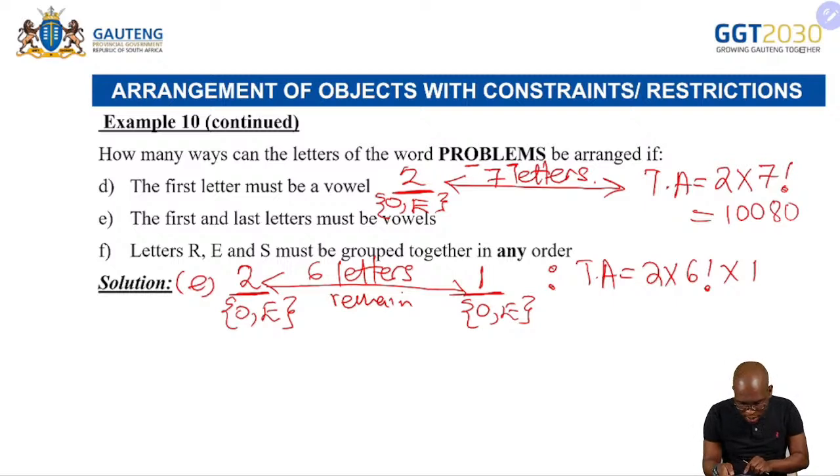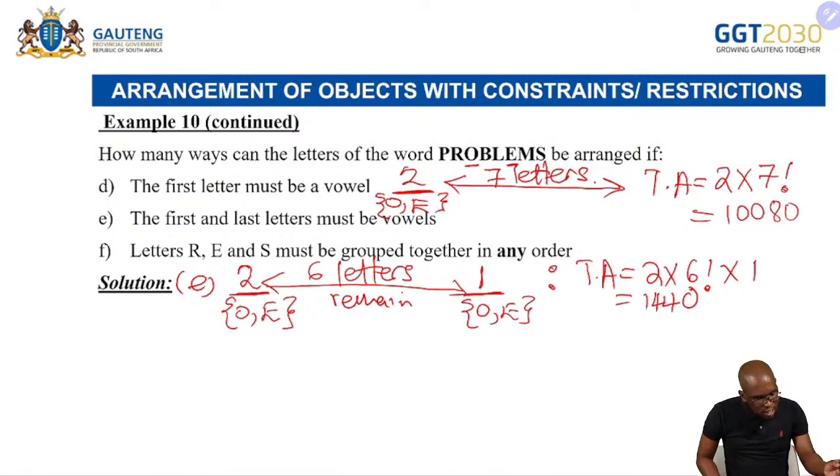That would give us 1440 ways if the first and last letters must be vowels.